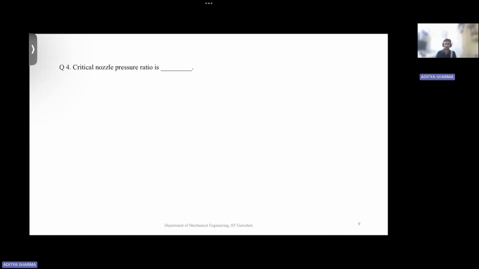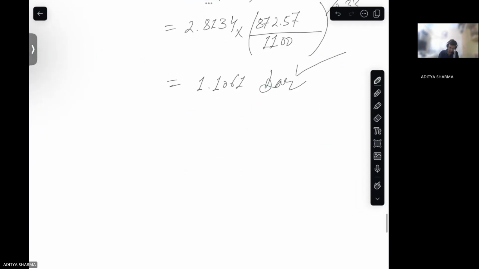PC is the critical nozzle pressure, but the pressure ratio is P04 by PC.